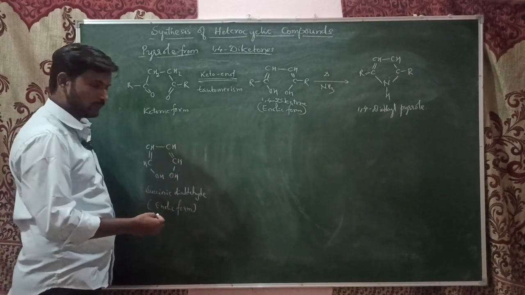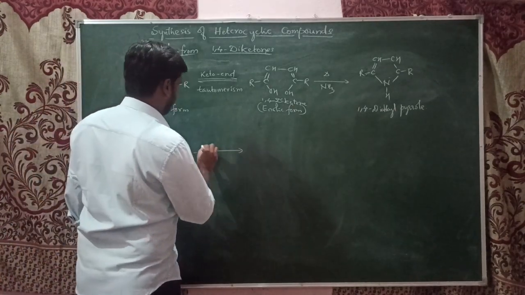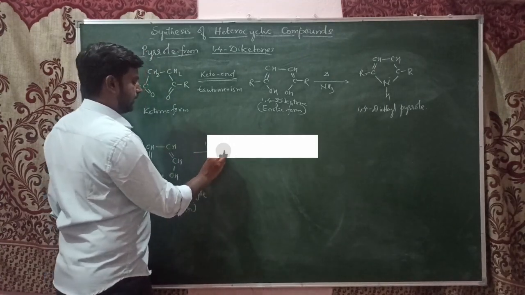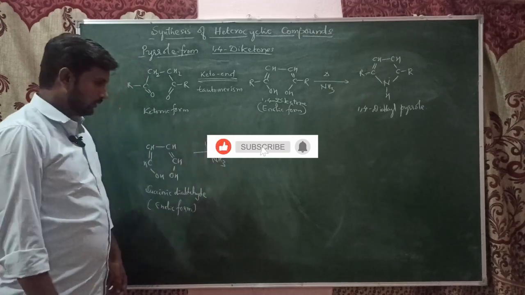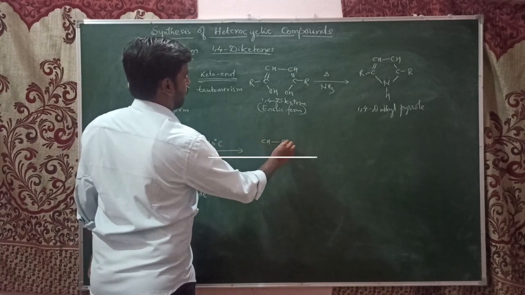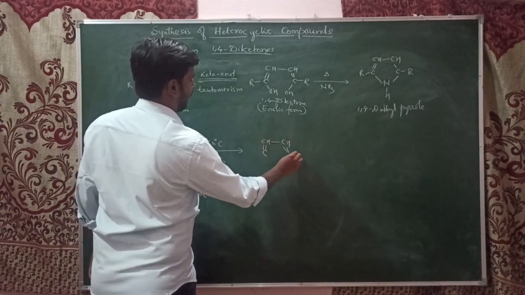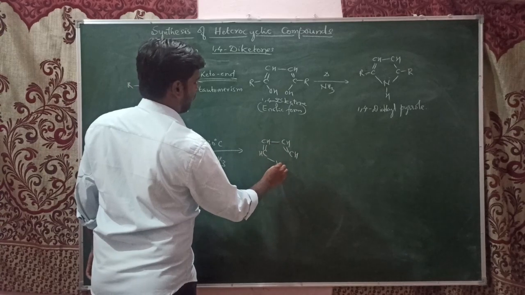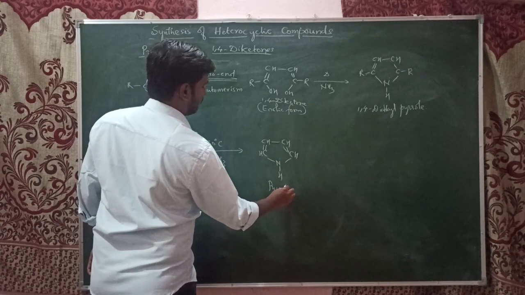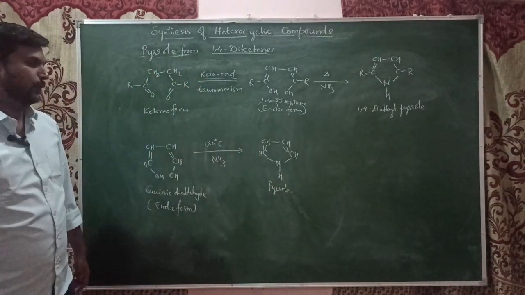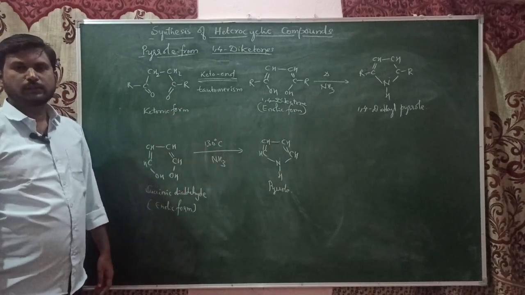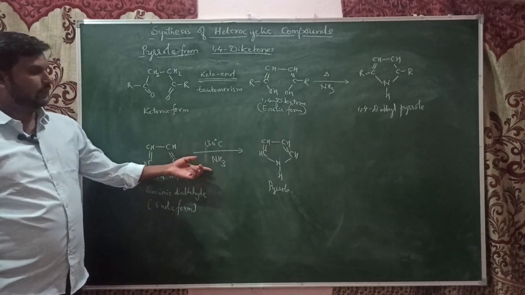It undergoes dehydration at about 130 degrees centigrade, and when treated with ammonia will give us pyrrole. So using succinic dialdehyde, an example of a 1,4-diketone, when it undergoes dehydration and is treated with ammonia, it will give us pyrrole.